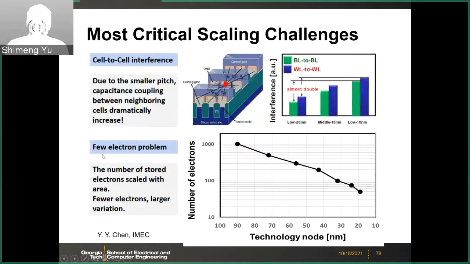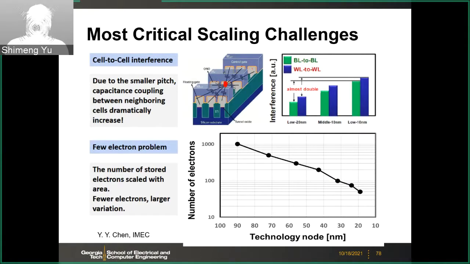And the second problem is the few-electron problem. The number of stored electrons in the floating gate is so limited. This plot shows the number of electrons stored in the floating gate as a function of the technology node. As you see here, below like the 30 nanometer node, the number of electrons you store in the floating gate is only like a dozen, maybe 50 electrons. So 50 electrons in the floating gate.